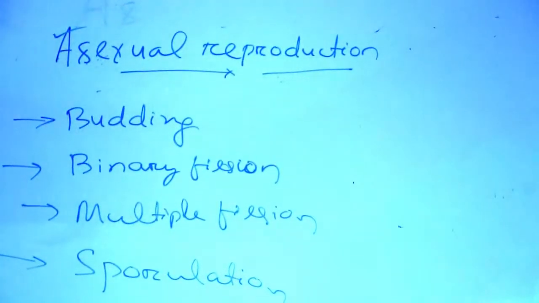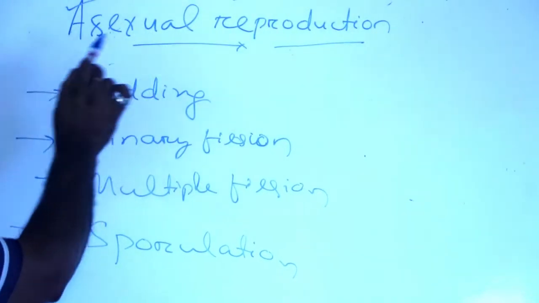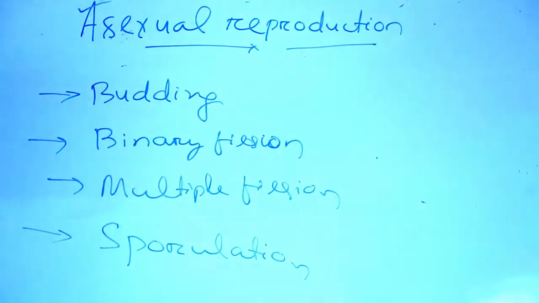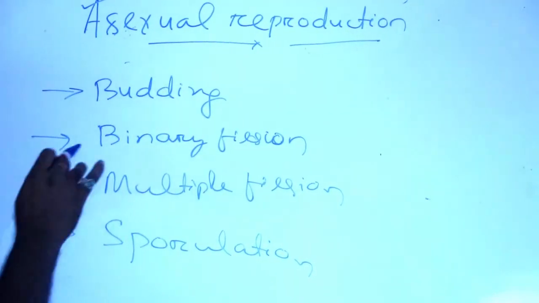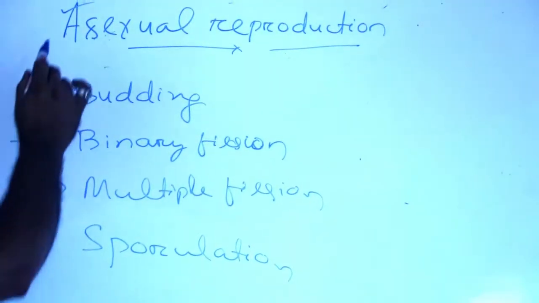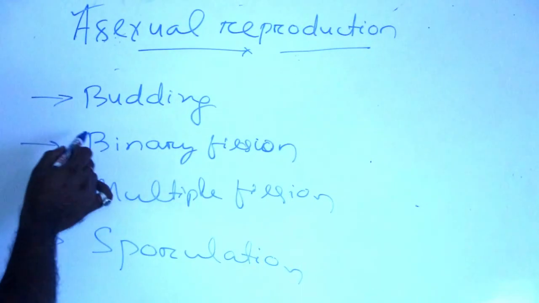Repeat again. Asexual reproduction is one type of reproduction in which only one parent is involved, and usually some lower groups of plants and animals perform asexual reproduction by these different methods. So let us discuss first budding.